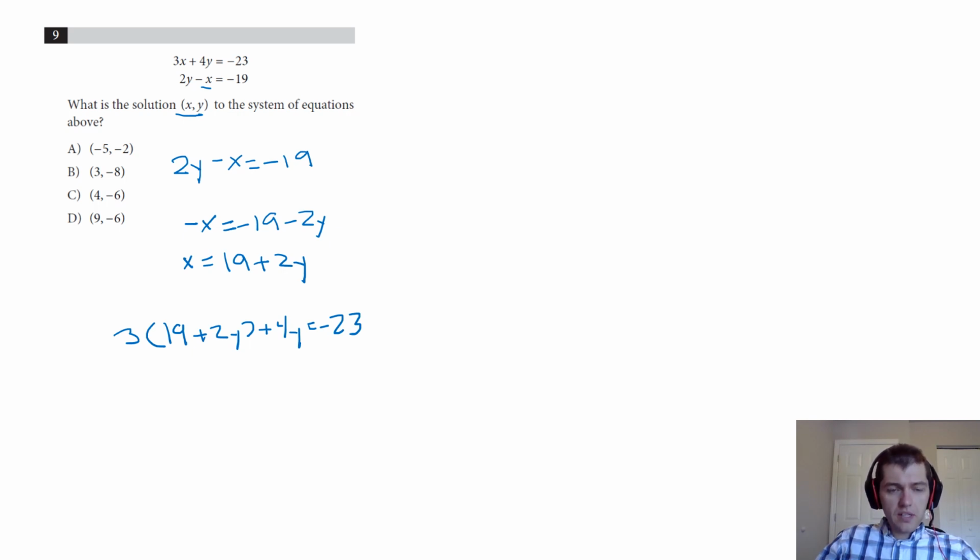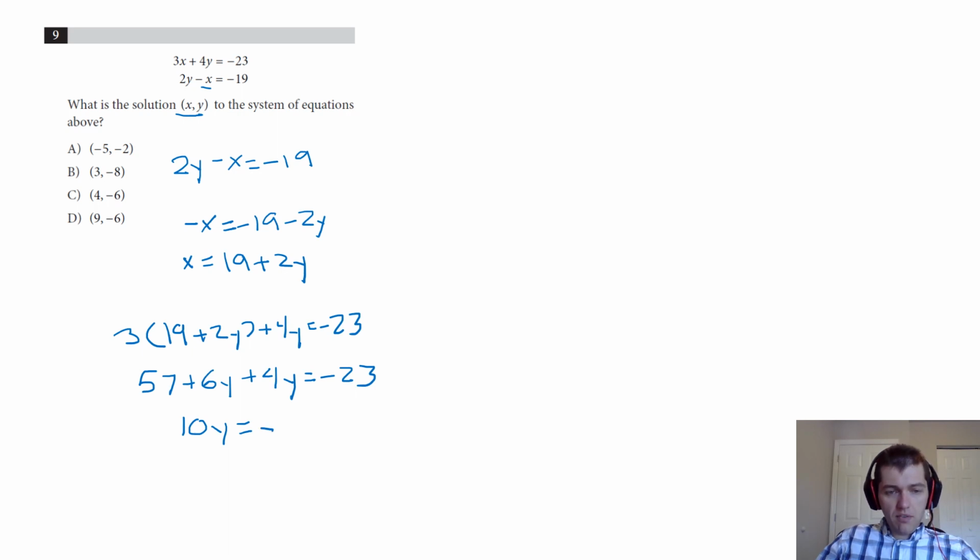Solve that out. 3 times 19, 60 times 3 minus 3, so that'll be 57, plus 6y plus 4y is equal to negative 23. Put terms on the same side. You'll have 10y, 6 plus 4, is equal to negative 23 minus 57.